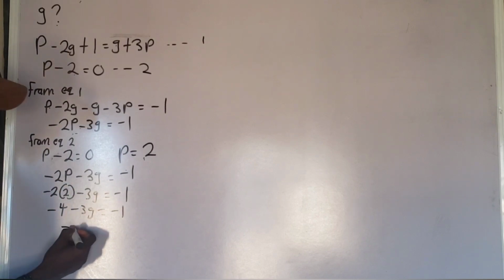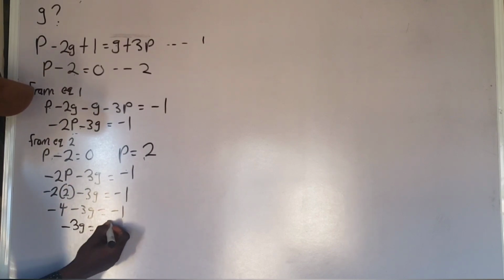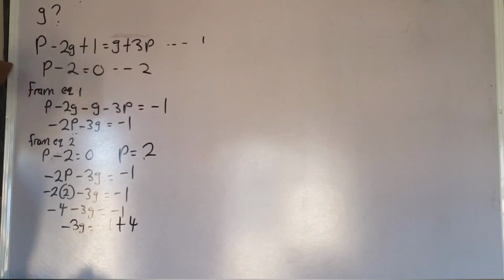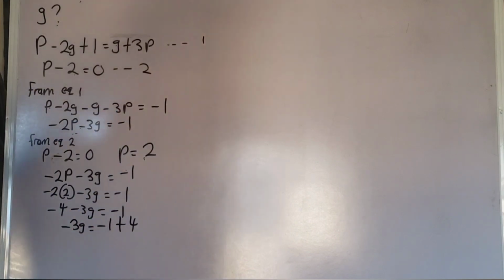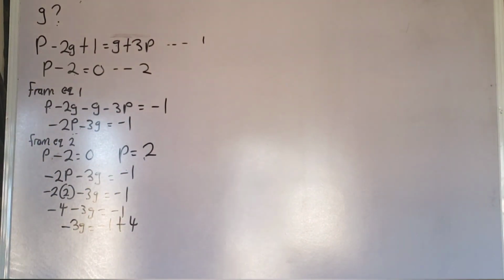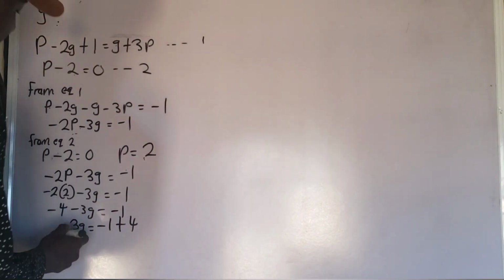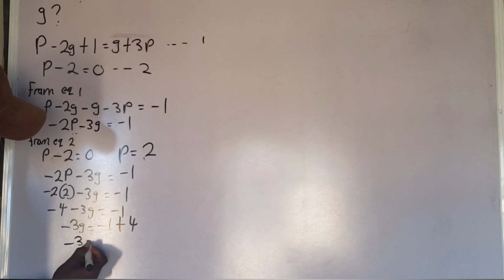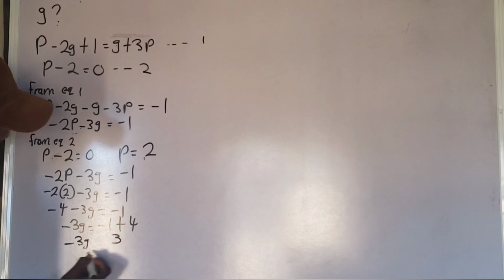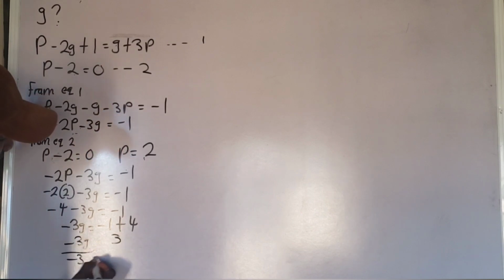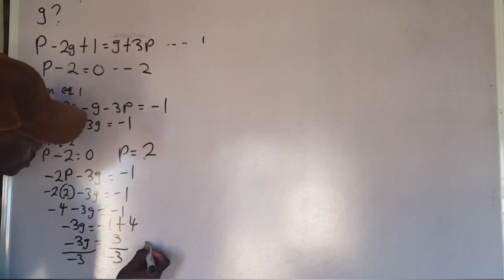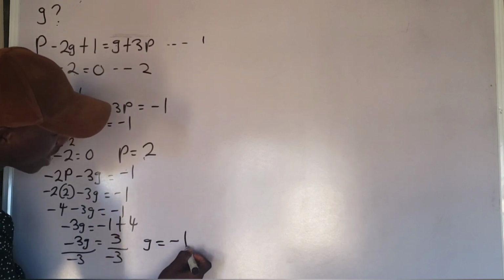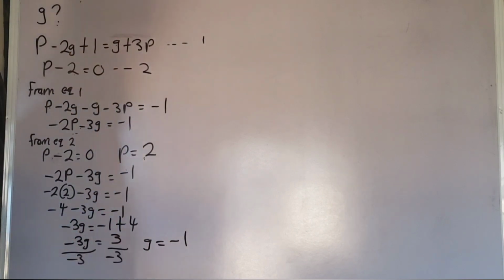So negative 3g equals negative 1 plus 4, which is 3. Now I divide by negative 3, so g equals negative 1. That is the answer to that question.